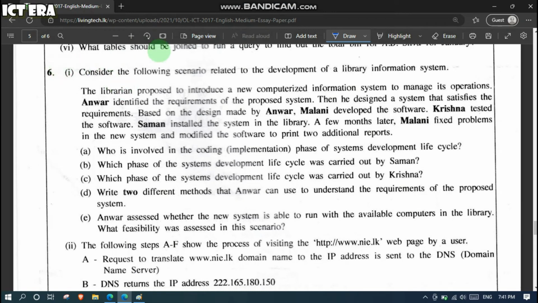Sixth question, consider the following scenario related to the development of a library information system. The librarian proposed to introduce a new computerized information system to manage its operation. So Anwar is identifying the requirements of that system. Then he designed a system that satisfies the requirement. So designing is also done by Anwar.